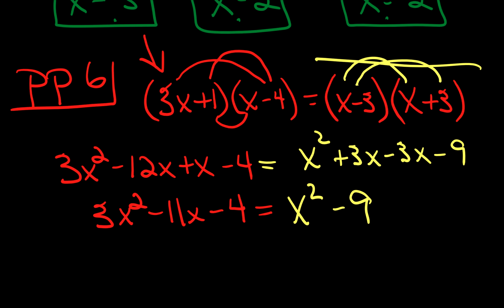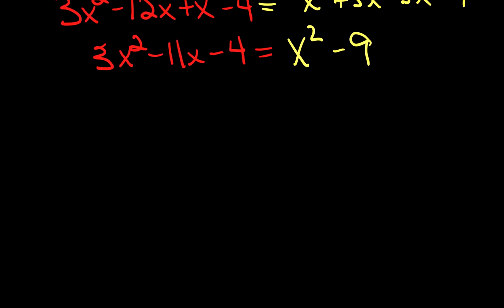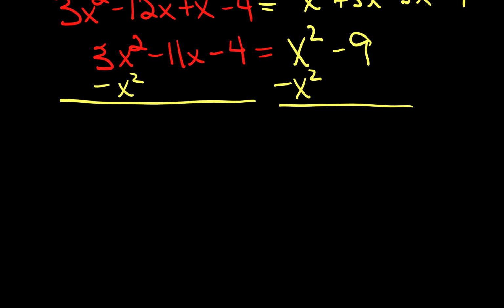All right, so this is where we're at, this bottom line here, and now I'm going to get my equation equal to 0. So I'm going to get rid of this right side. And how do I do that? I'm going to subtract x squared, first of all. And what do I get?